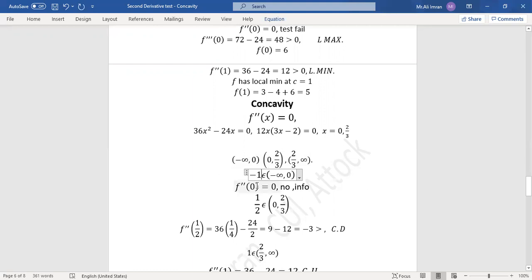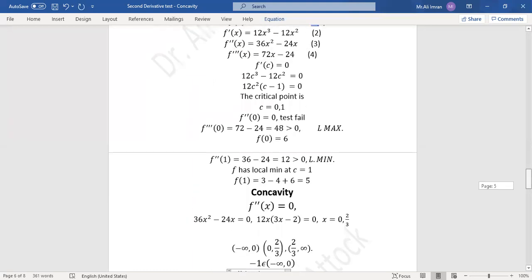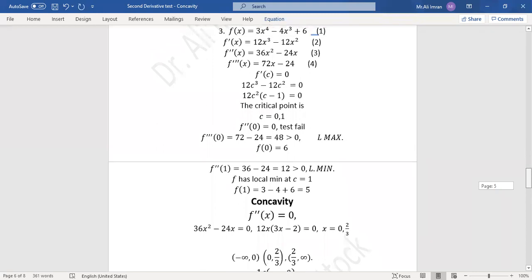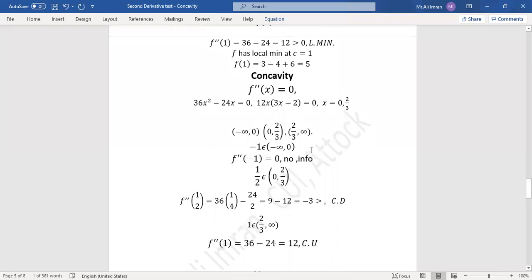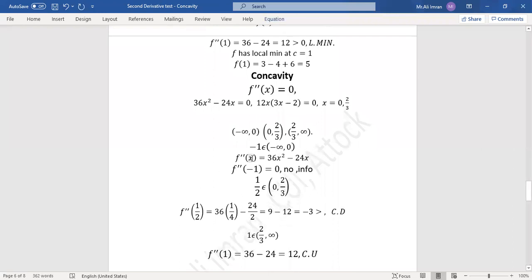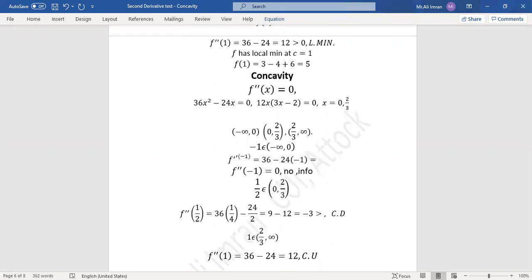We will put this in the second derivative, which is equal to 36x square minus 24x, and the square of minus 1 will be equal to 36 plus 24, which is equal to 60. 60 is greater than 0.